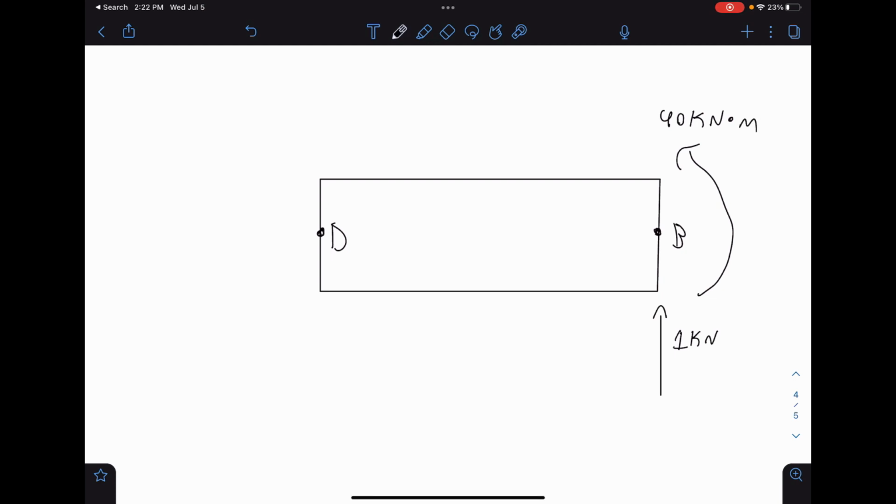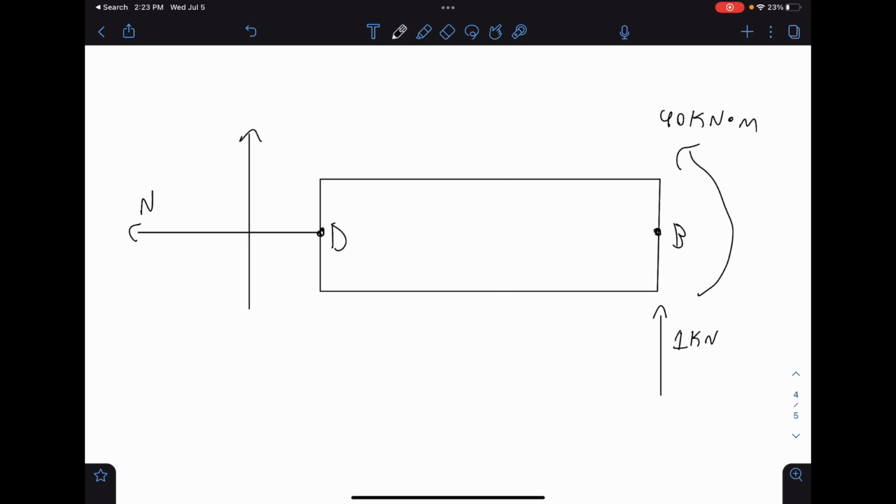So there are actually no unknowns. So we can go right into solving for our internal forces. So first things first, let's draw them in. We have our normal force pulling our beam. And now, since we're on the other side of the beam, we're drawing our shear force upwards instead of downwards.